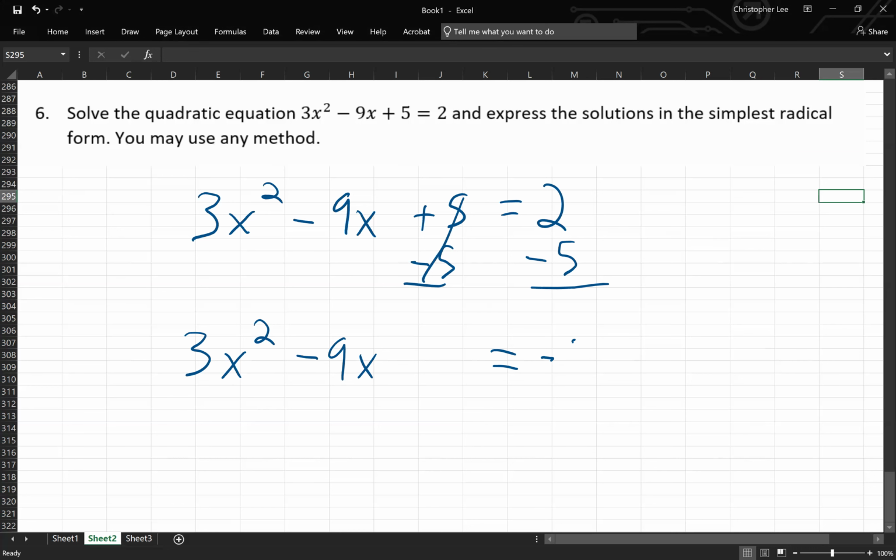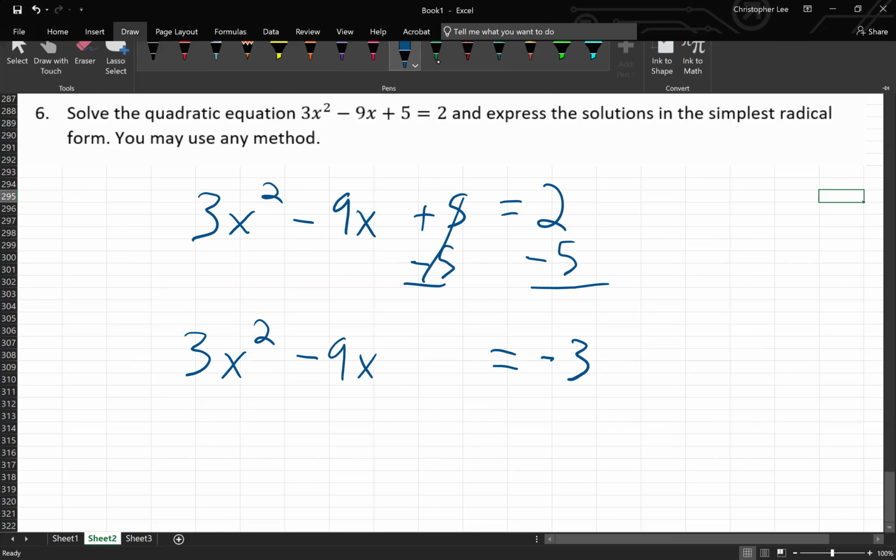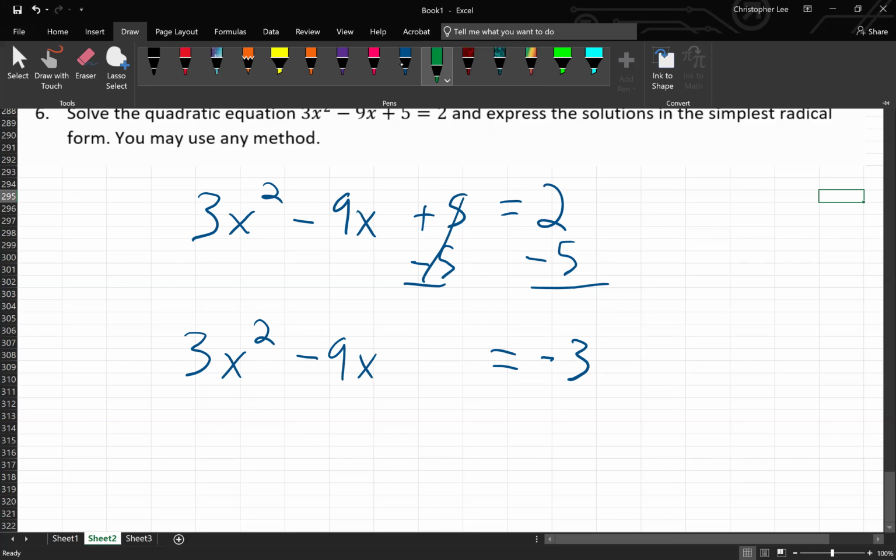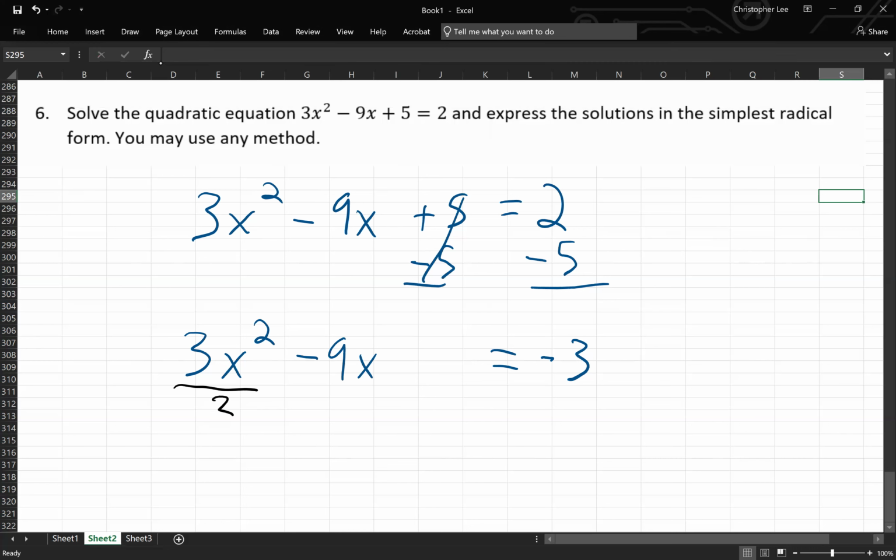-3. Thank you. Now, what's that rule that I said earlier about completing the square? The A term got to be 1, right? So how do I make the A term 1? Divide by 3, right? So I'm going to divide this by 3.